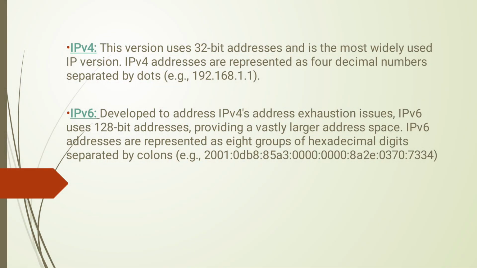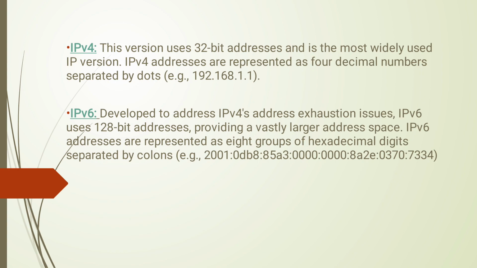Let us have a look at the versions, IP version 4 and IP version 6. IP version 4 uses 32-bit addresses and is the most widely used IP version, where IP version 4 addresses are represented as 4 decimal numbers separated by dots. Here you can see the example.